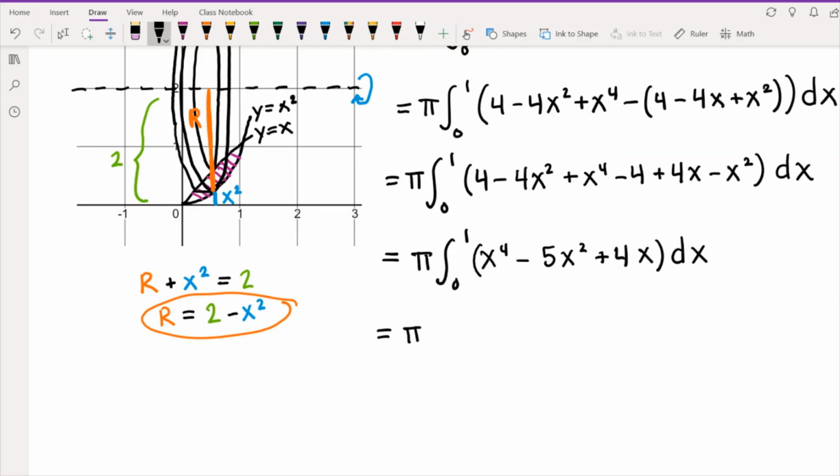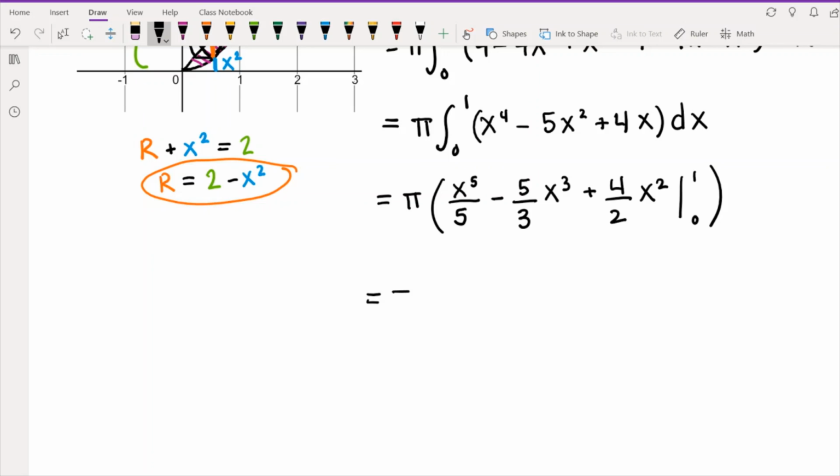So that is going to give us as our antiderivative x to the 5th over 5 minus 5 over 3 x to the 3rd plus 4 over 2 x squared, and we're evaluating at 1 and at 0.